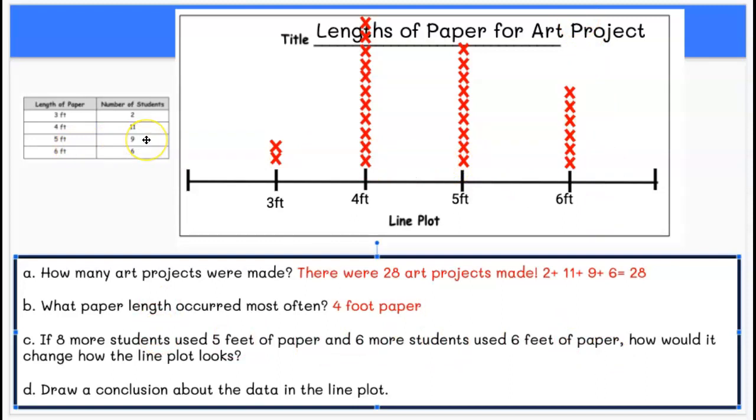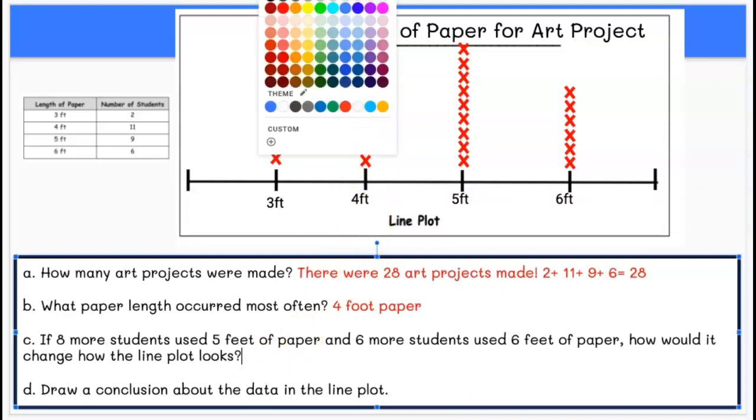So 9 plus 8 is 17, so 5-foot paper would have 17. And 6 plus 6 is 12, so 6-foot paper would have 12. So 5-foot paper would occur most often, and 6-foot paper would be second, leaving 4-foot paper in third, where now it's first.